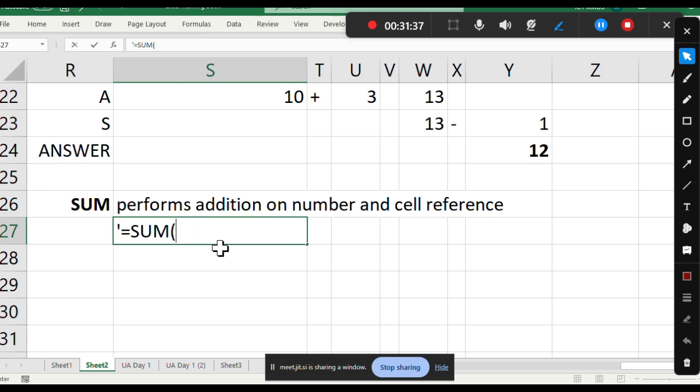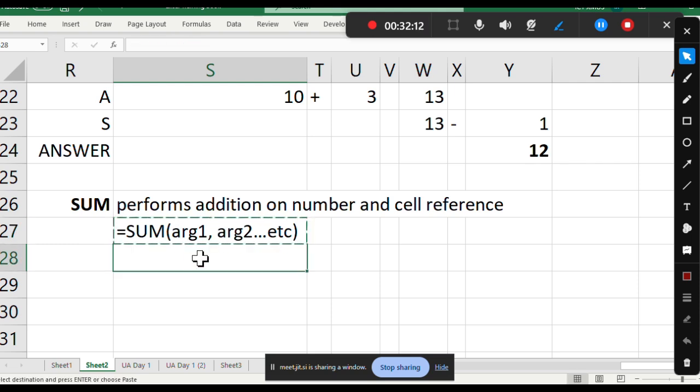Argument. That is the first form, the first way you use it.